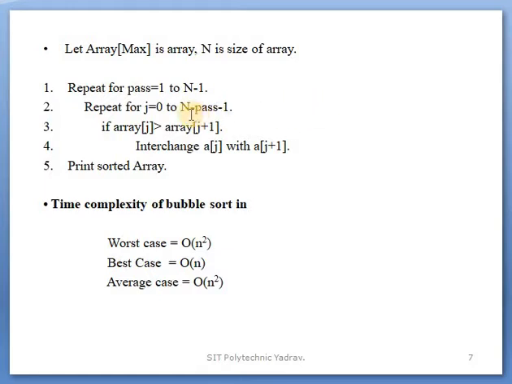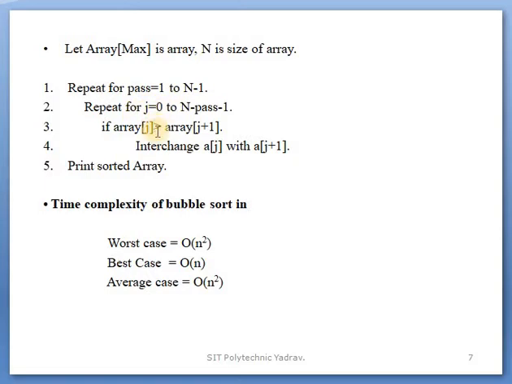So in the end, that element is n minus pass minus 1. Third step: if array of j is greater than array of j plus 1, then interchange a of j with a of j plus 1. It means first, the 0th position in the array, because the array starts with position 0.